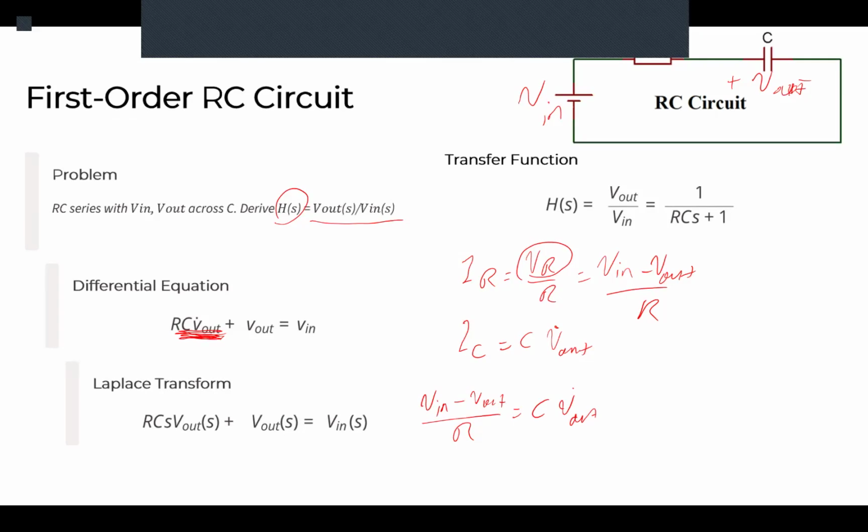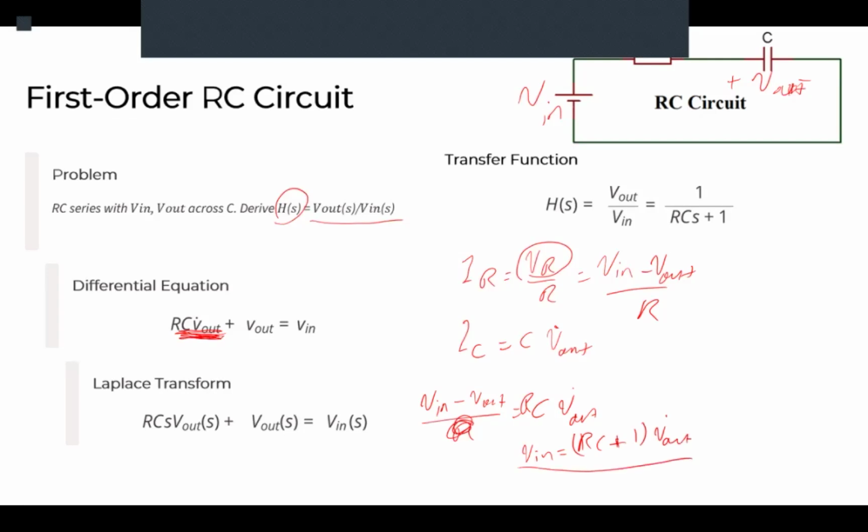We multiply by R, so this one becomes R. We eliminate this one, it is RC. We move this one from the left hand side to the right hand side. So V in becomes (RC plus 1) times V dot out.